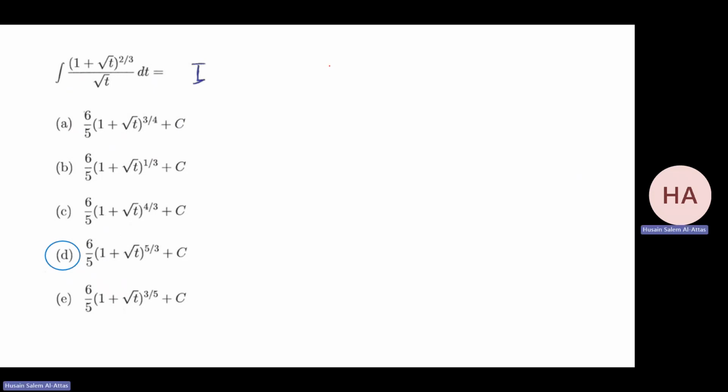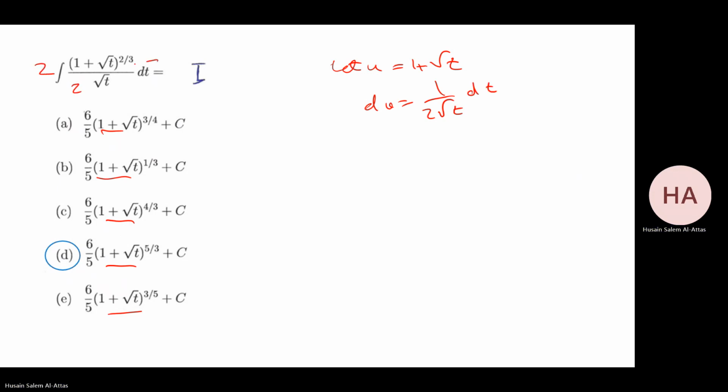Now, very clear. I will let u equal 1 plus the square root of t. Also, the answer is telling you this will be your u. What will be du? 1 over 2 root t dt. So I need 2 here, 2 there, and this is du. So I have 2 integral u to the power 2 over 3 du.